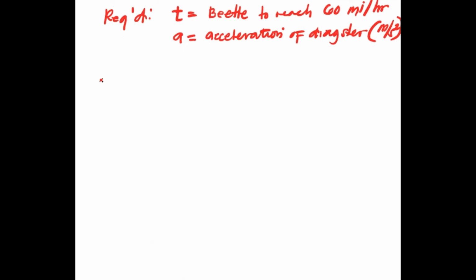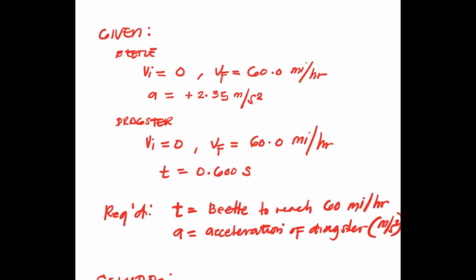Okay, let's try to solve. For part A, the time it takes for the Beetle to accelerate from 0 to 60 miles per hour, first we need to convert its velocity to meters per second, because the given acceleration is in meters per second squared, but the given velocity is in miles per hour.